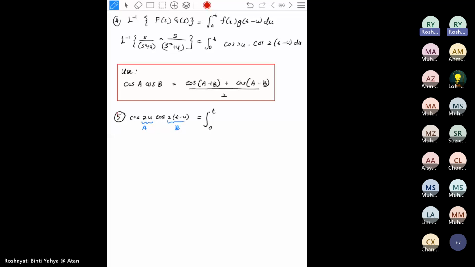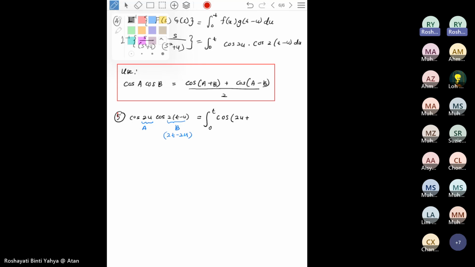Okay, and then cos A, cos B. So your A is U, B is T minus U. So integration, cos A, so 2U plus B. So B here becomes 2T minus 2U.